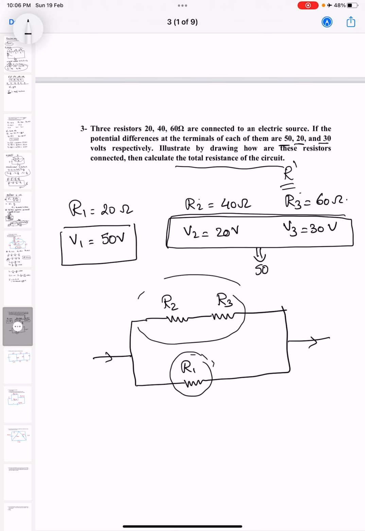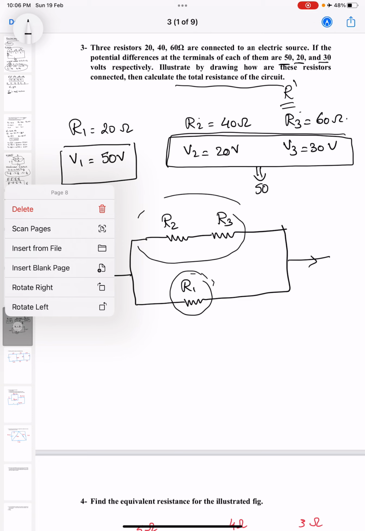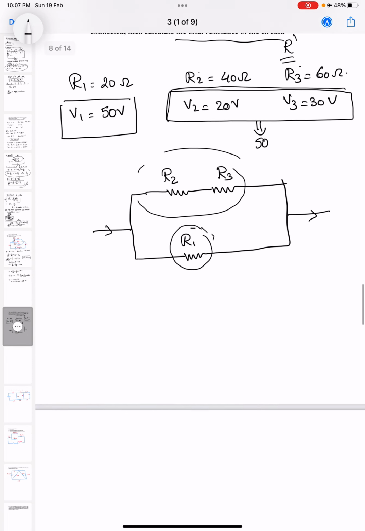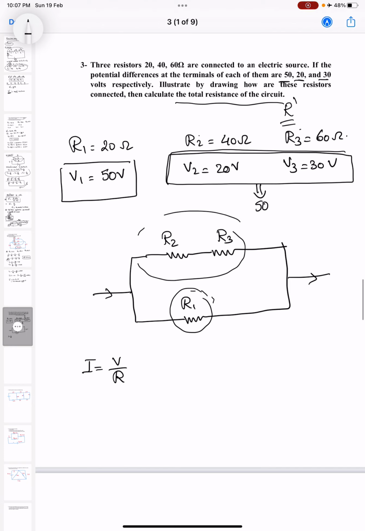How can we calculate? Okay. There is another way to check this. I equals V divide by R. So I1 equals V1 divide by R1 equals 50 divide by 20 equals 2.5 ampere.